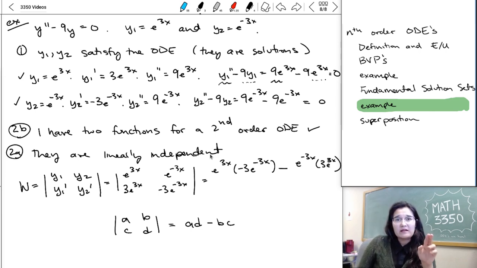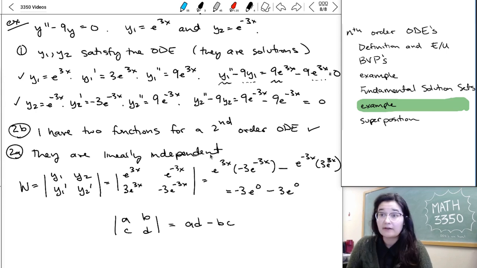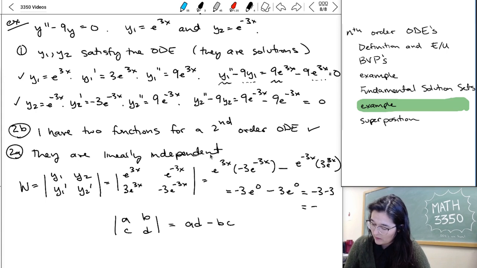When I multiply e to 3x times e to minus 3x, I add the arguments of the exponent together. So that's e to 3x minus 3x, or e to 0. So this is actually minus 3e to 0 minus 3e to 0. E to 0 is 1, so that's just minus 3 minus 3, or minus 6.